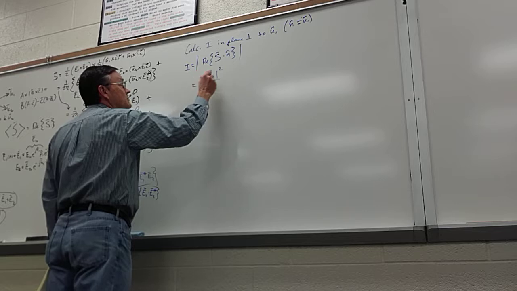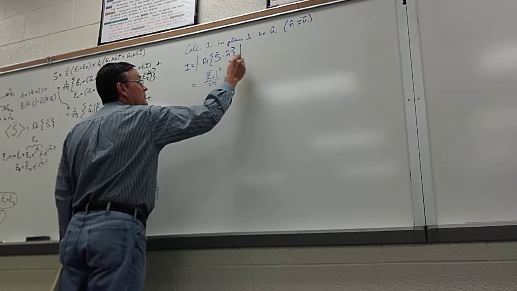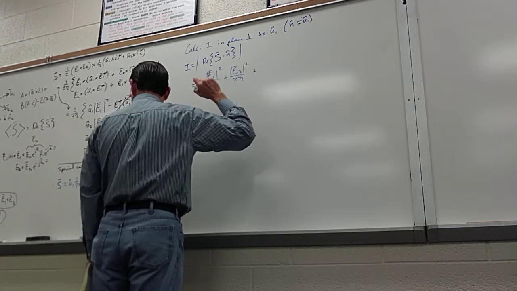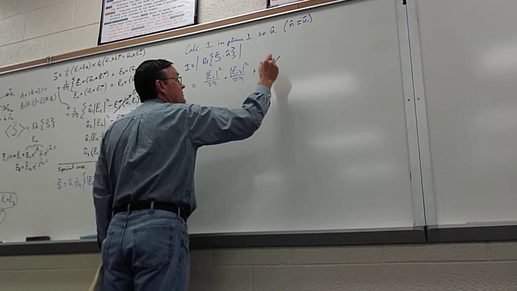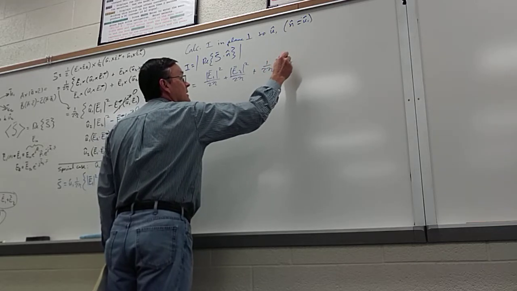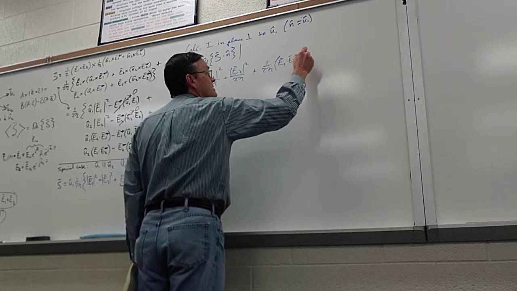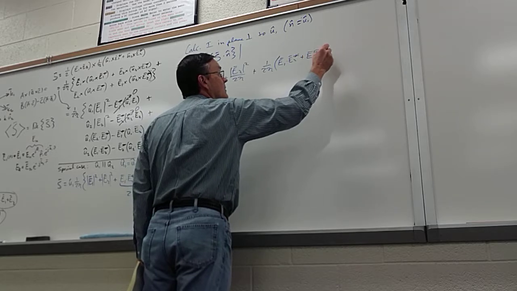So that leaves us with E1 magnitude squared over 2 times eta plus E2 magnitude squared over 2 times eta plus 1 over 2 times eta, E1 dot E2 complex conjugate plus E1 complex conjugate dot E2.